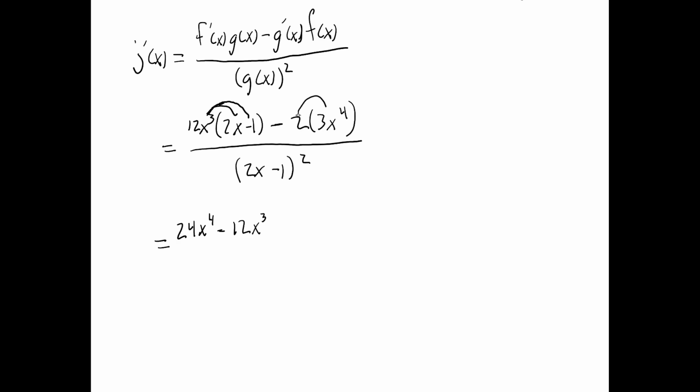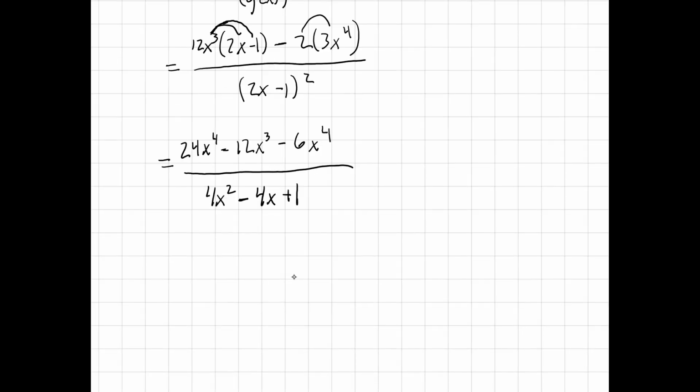And then 2 times 3x to the fourth gives us minus 6x to the fourth, all over. Now, if you aren't comfortable multiplying this out in your head, feel free to write this out as scratch work. Do 2x minus 1 times 2x minus 1, use FOIL. This is going to give us 4x squared minus 4x plus 1.